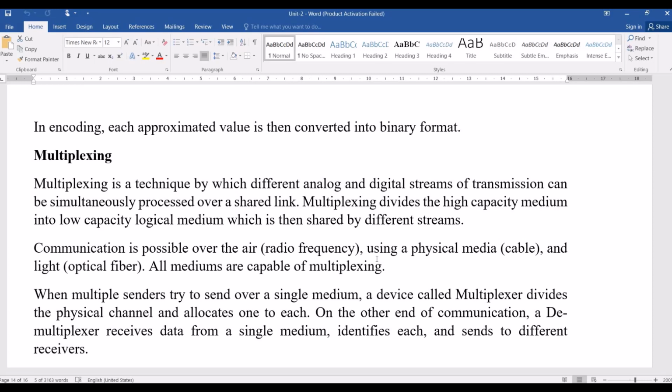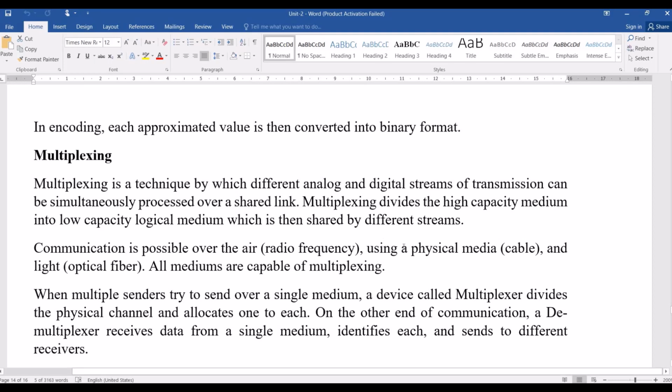It multiplexes them into a single channel. On the other end of the communication, we need to convert the single channel back into multiple parts. This is called demultiplexing.